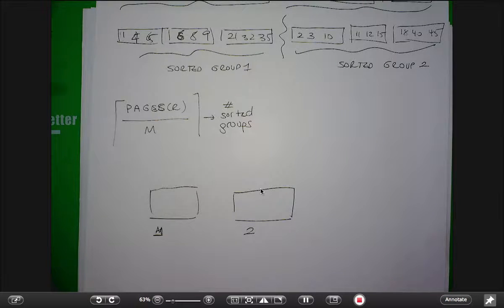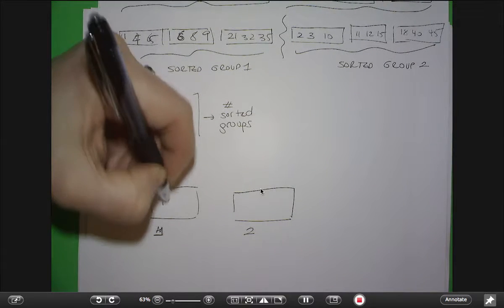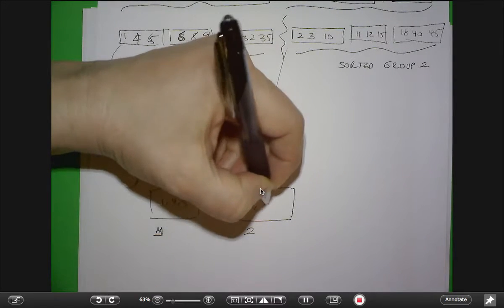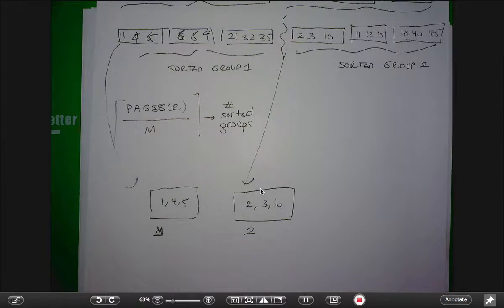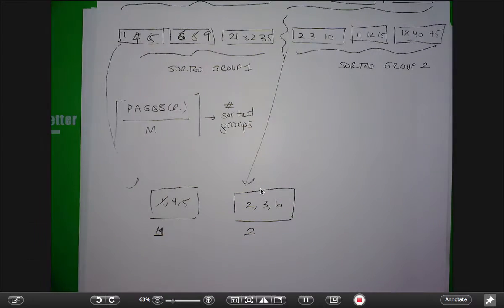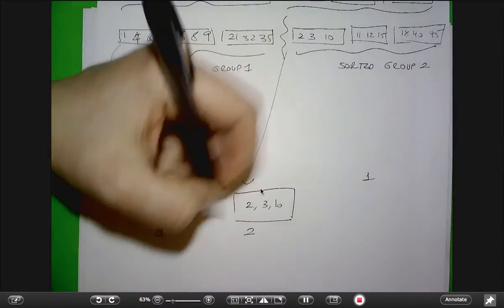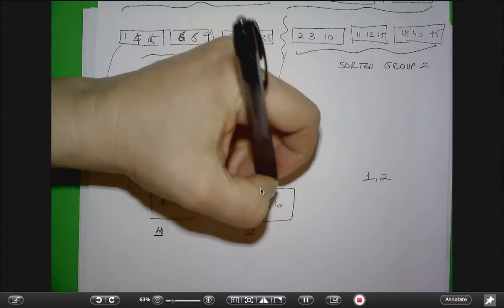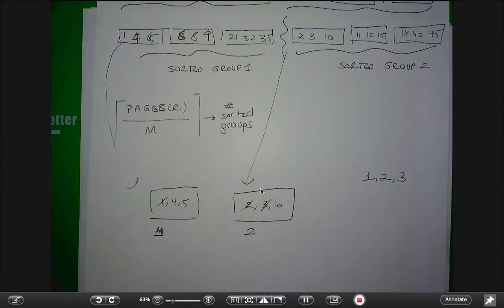The smallest block for this one is 1, 4, 5, and the smallest block for this one is 2, 3, 10. Then I find the smallest value, 1, put it in the output. Smallest value 2, put it in the output. Smallest value 3, put it in the output.